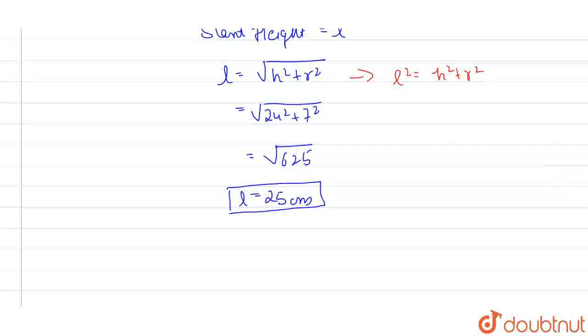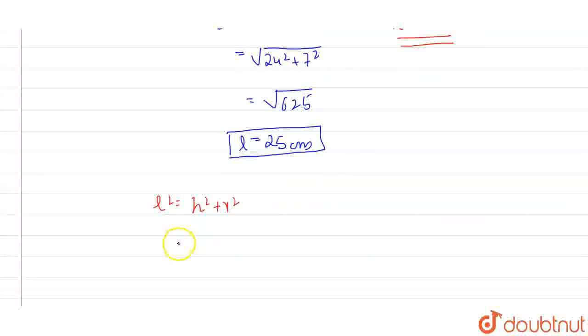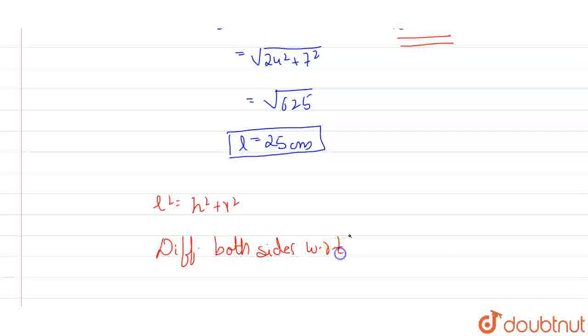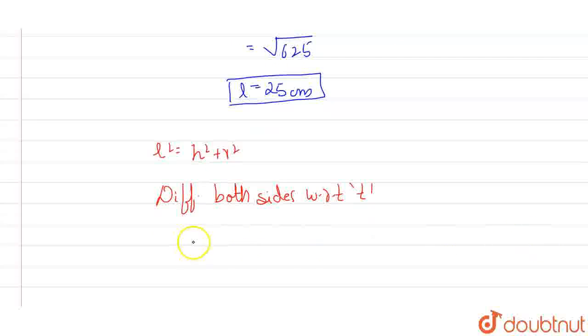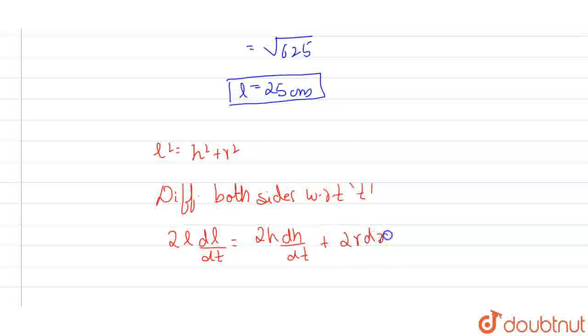So if we differentiate this equation with respect to t, differentiating both sides with respect to t, it will eventually come out as 2L dl by dt equals 2h dh by dt plus 2r dr by dt.